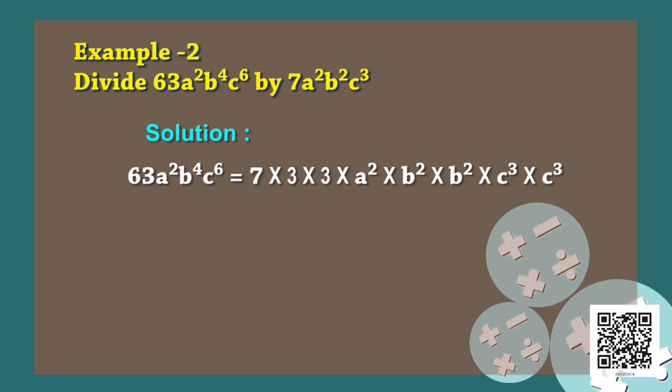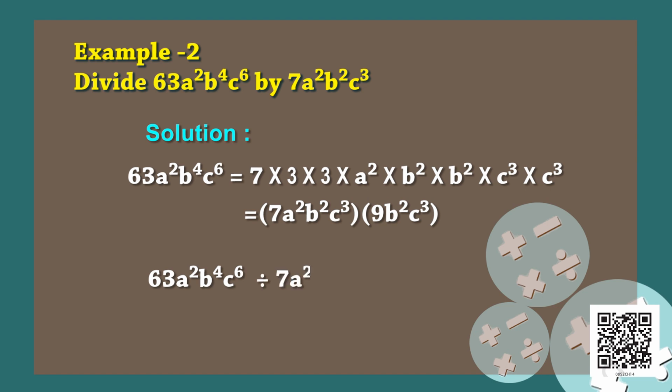Therefore, let us take 7 a square b square c cube as one group, then we get 7 a square b square c cube into the remaining product, which is 9 b square c cube. Therefore, 63 a square b to the power of 4 c to the power of 6 divided by 7 a square b square c cube is equal to 9 b square c cube.